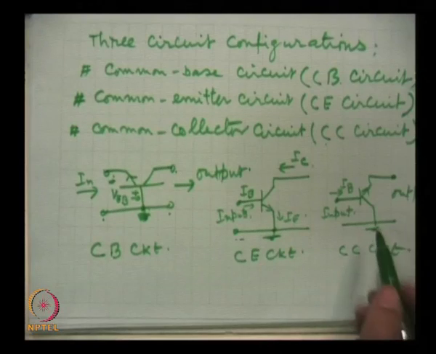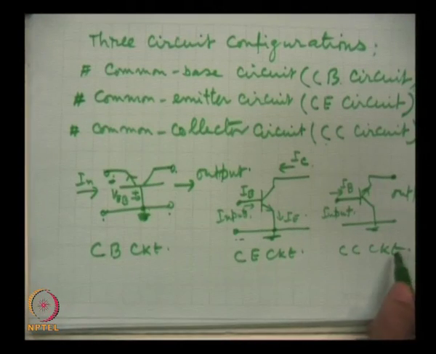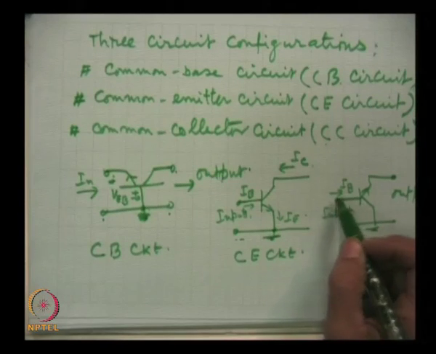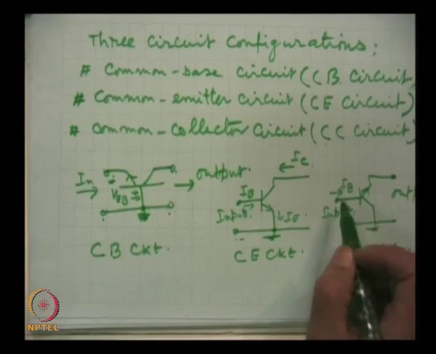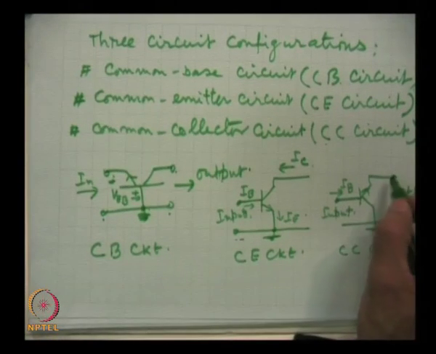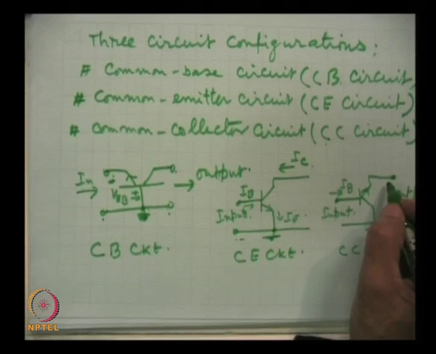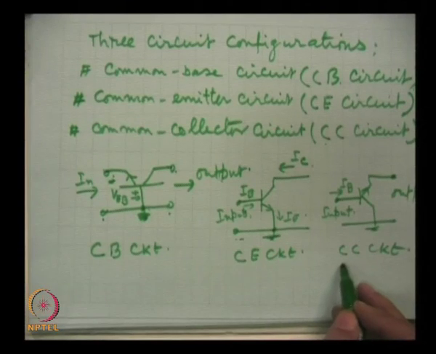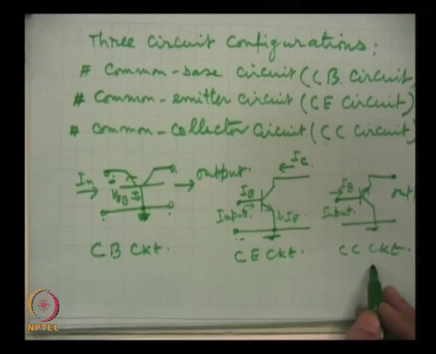The third circuit, the common collector circuit, in which the input of course is the base current, but output is taken from the emitter. Wherever you see that output is being taken from the emitter, we are talking of common collector circuit.